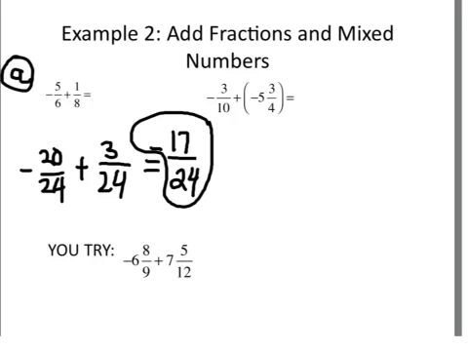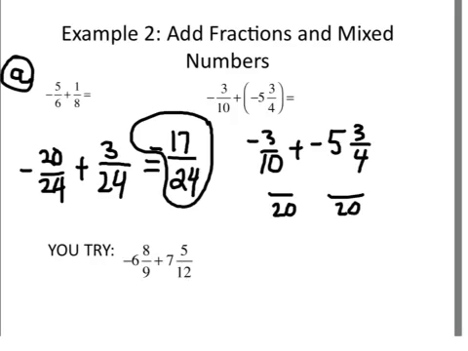Moving on, we have negative 3/10, and we're going to add it to negative 5 3/4. What can we change our denominator to that 10 could be divided into and 4 could be divided into? Hopefully you guessed 20. Yes, 40 works, but 20 is the smaller of the two values that are easily guessed.